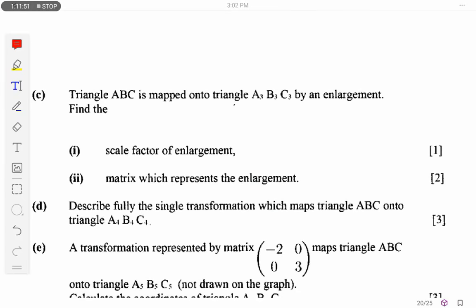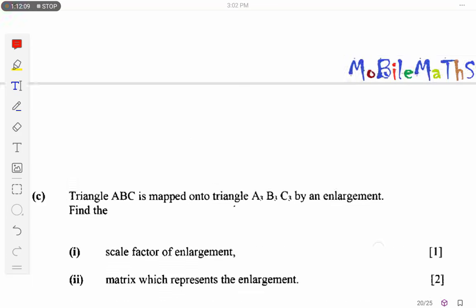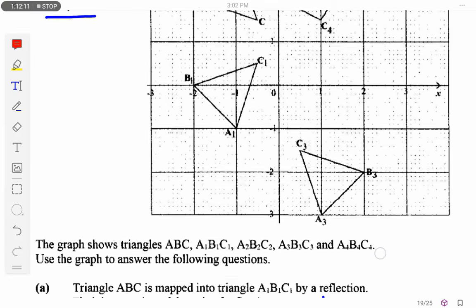It's saying triangle ABC is mapped onto triangle A3, B3, C3 by an enlargement. Find the scale factor for the enlargement, and then the matrix which represents that enlargement. Okay, fine. Let's go there.